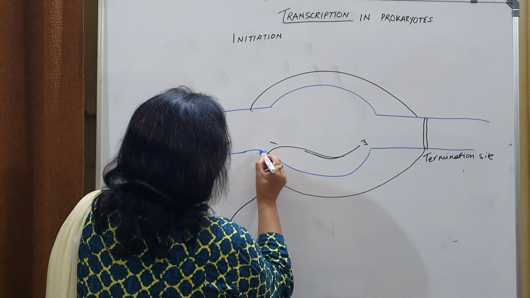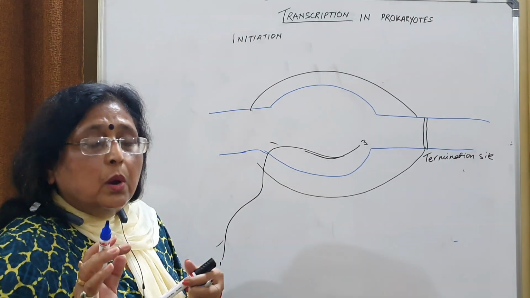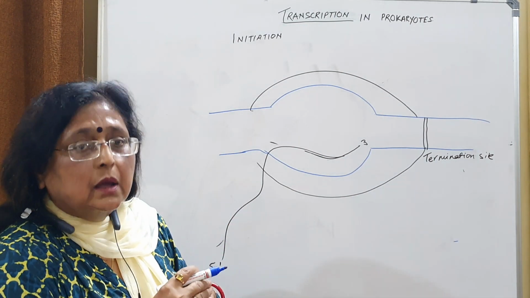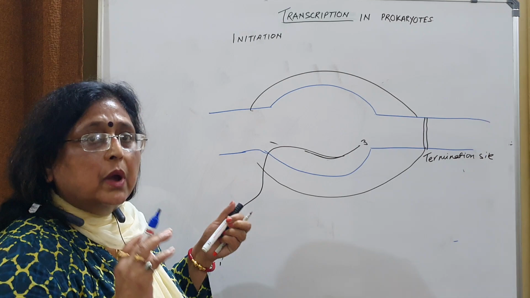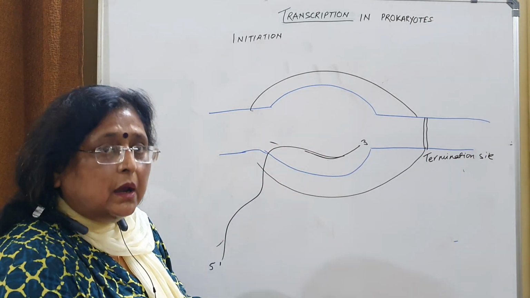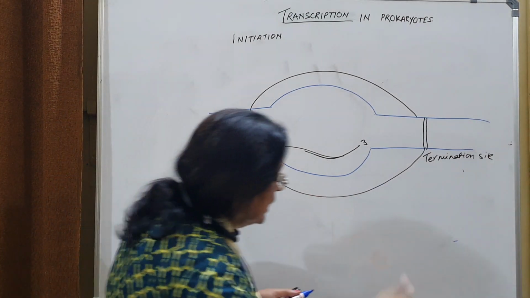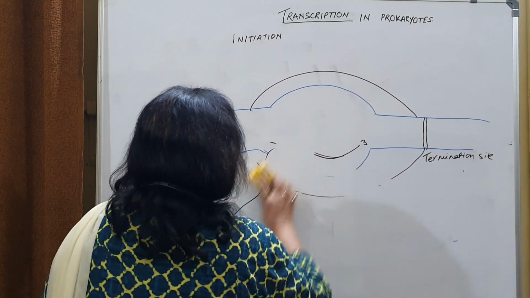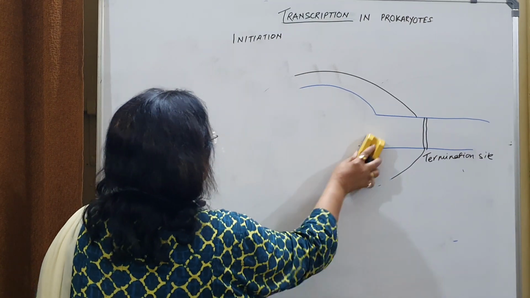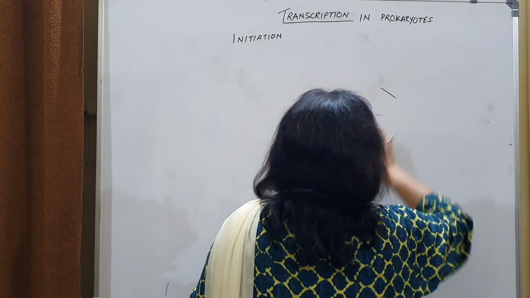Now what happens at the termination site? The RNA has been formed and it has to end. The strand has to end. That means the adding of base pairs should end at this point. This process is known as termination, and the process of termination can take place by two methods.